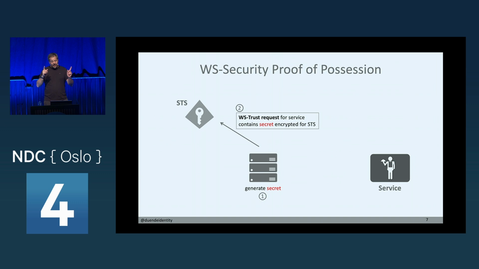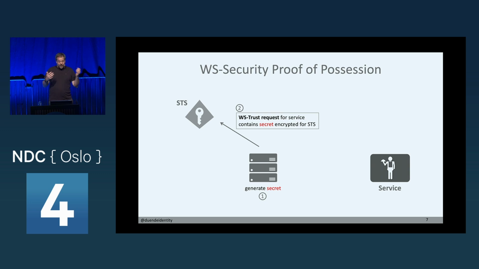And a very important thing is, in 2004 we did not assume TLS. Back then, especially in the enterprise stuff, was running over plain text HTTP, so you could not just send sensitive data over the wire. Yeah, things have changed a little bit here. But basically, to make sure that nobody can read that secret on the wire, you had to encrypt it with the public key of the token service.